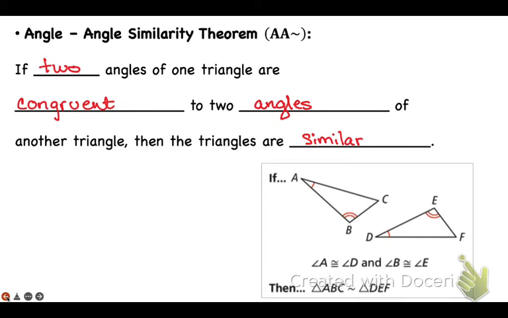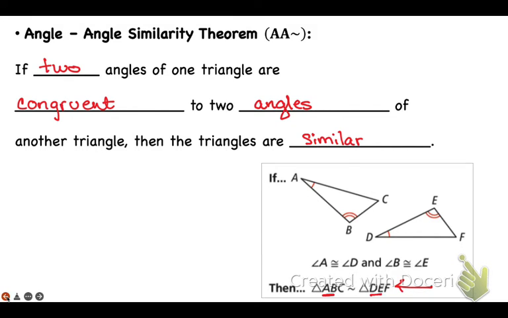And down at the bottom it says triangle ABC is, what does the symbol mean? Similar to triangle DEF. Now, we're going to talk about corresponding parts real quick before we get any further. When I look at the names of triangles and how I state their similarity, remember AB corresponds to what?